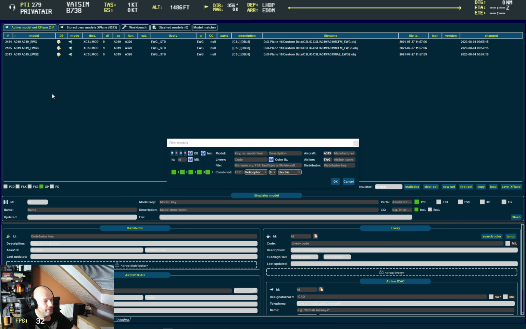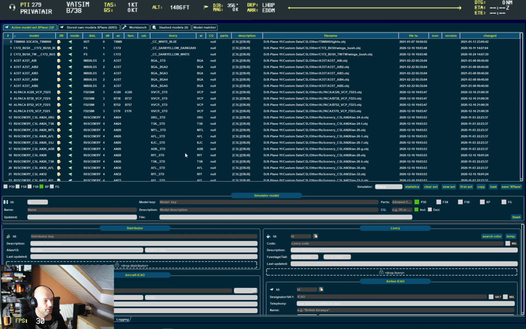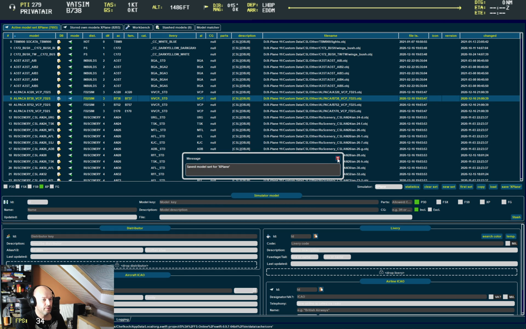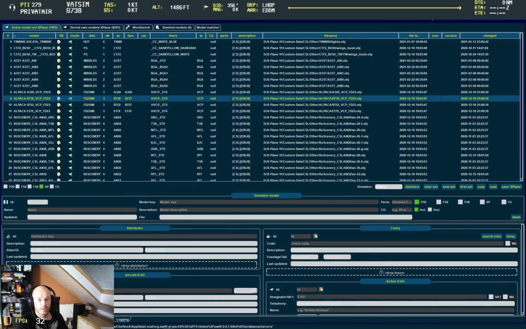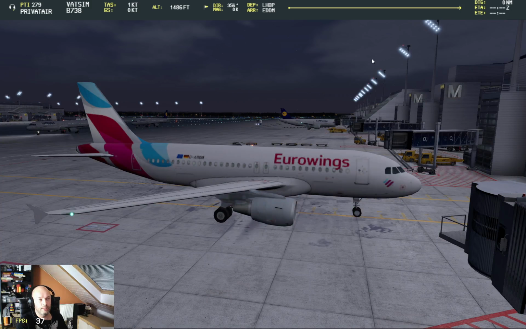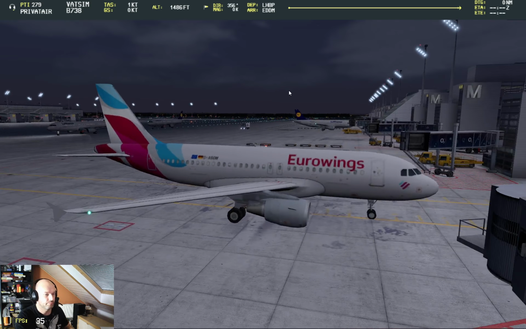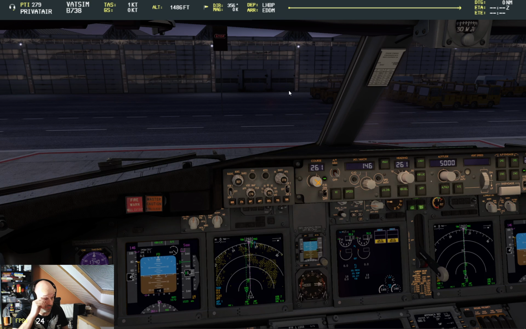Now I clear again the filter with this X. And now I save the new set like this, so next time I start Swift, this outdated Bluebell livery will be gone. That's all fine.